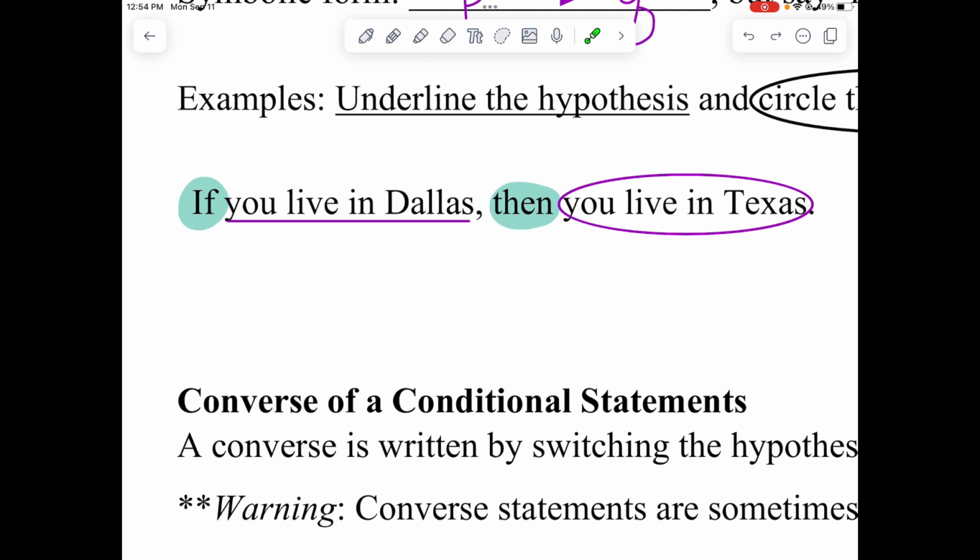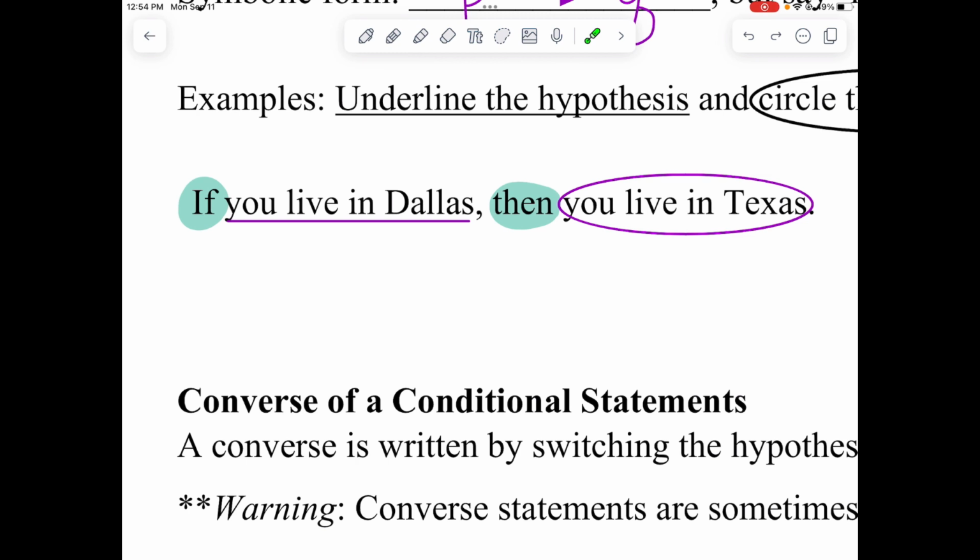You would then do the converse of that. So you would say, if you live in Texas, then you live in Dallas. Well, that's obviously false. I live in Waco, and I still live in Texas. So I would just put I live in Waco, Texas. You could do that because there are other cities in Texas that are not just Dallas. That's not the only one.